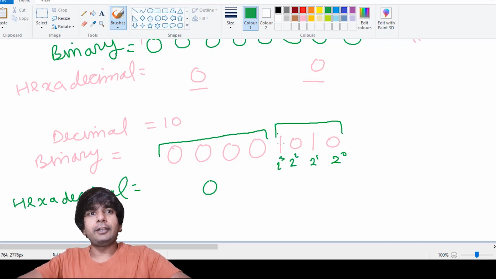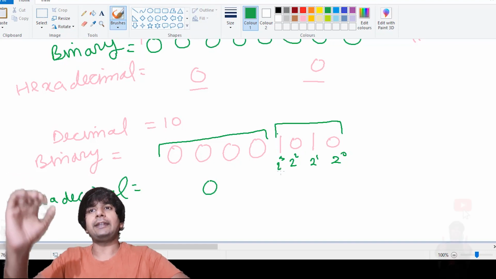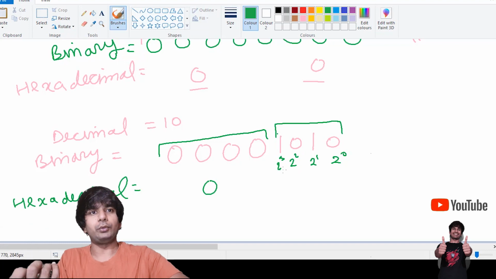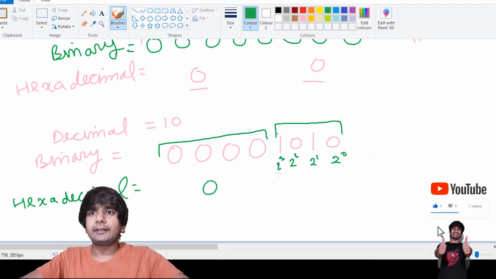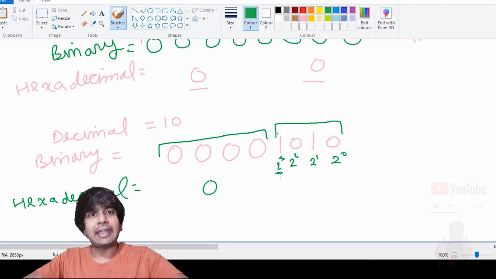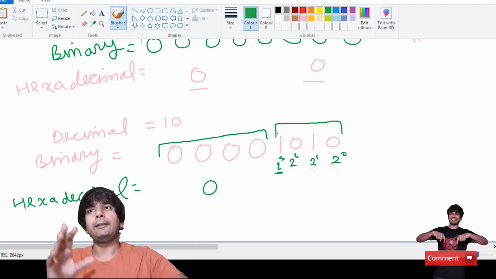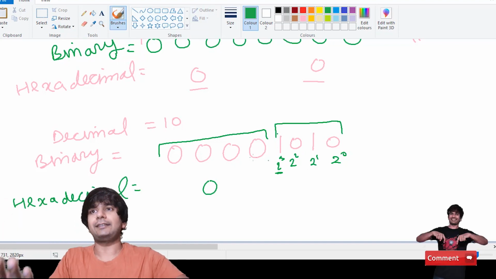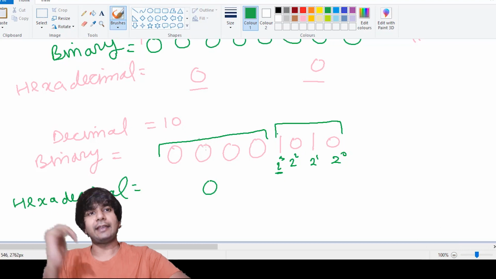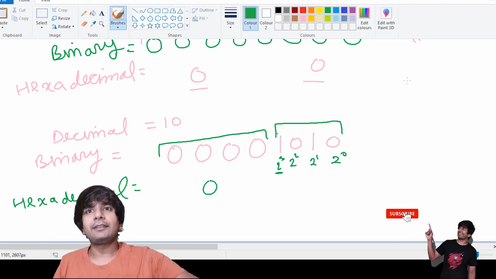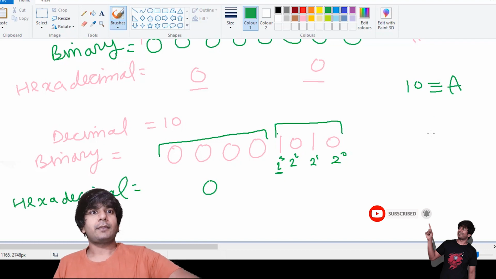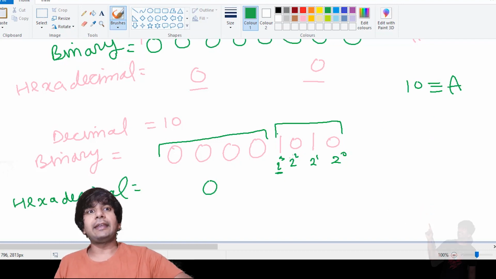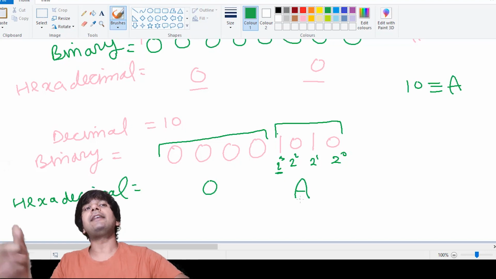For the bits which have a value of 1, just add their respective 2 to the power values. So it will become 2, plus 2 to the power 3 means 8, it will become 10. When it was decimal we were writing it as 10, but in hexadecimal we represent 10 as A. So if it is coming as 10, you will write it as A in hexadecimal.